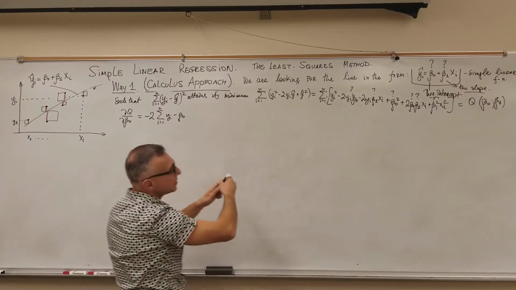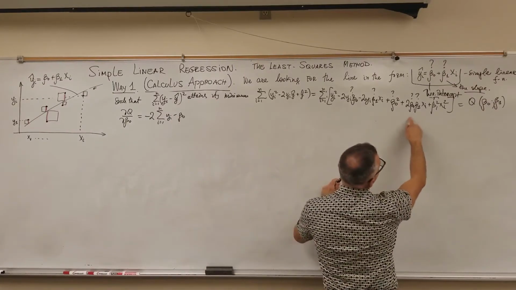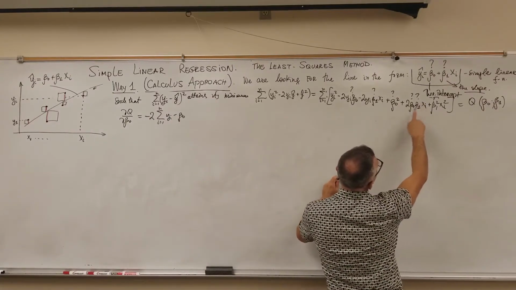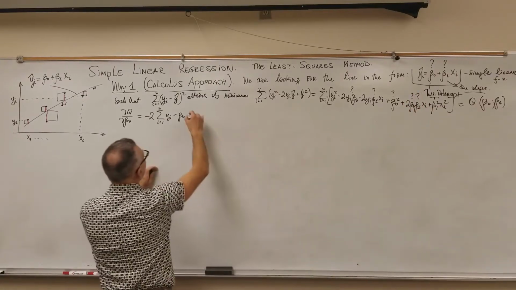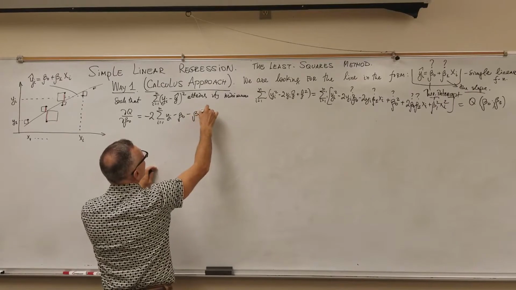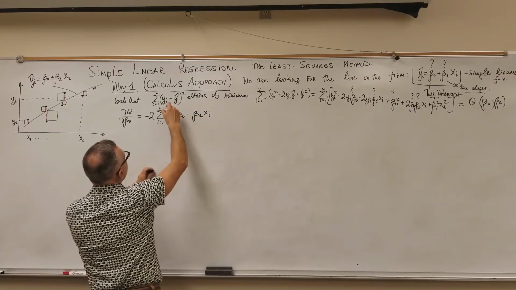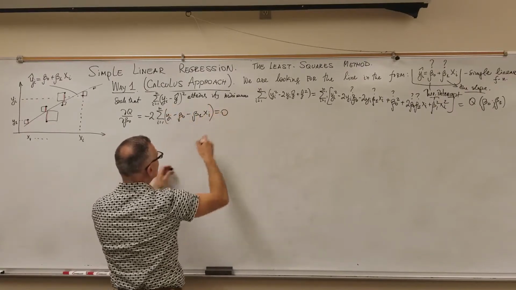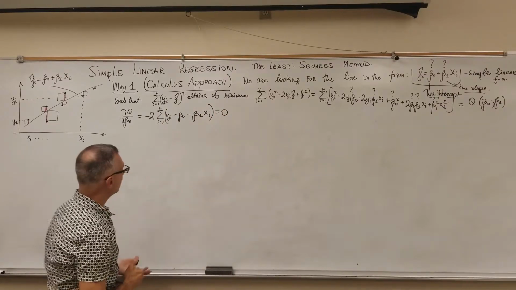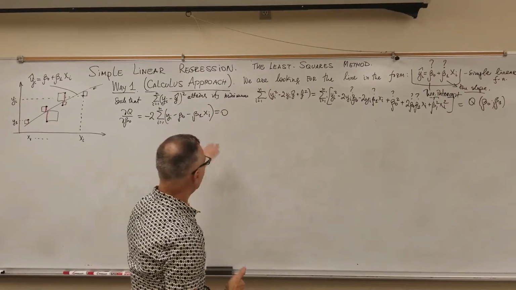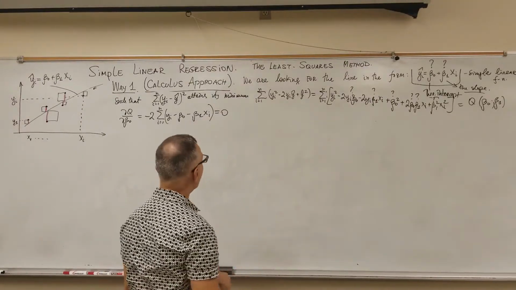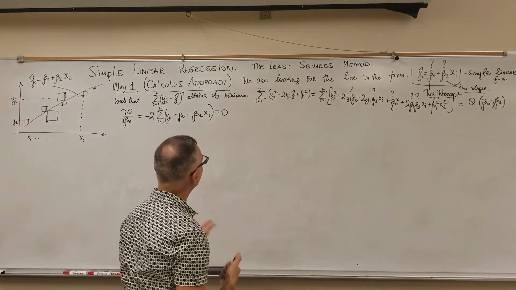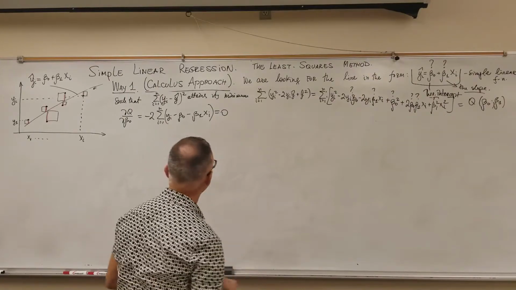Everything is under summation. There is beta 0 here, so the derivative of this one will be 2 beta 1 xi, minus 2 out, so it will be beta 1 xi. And make it equal to 0. So this is what they say we need for our minimum. Not exactly everything. We really need to show that this is a minimum.